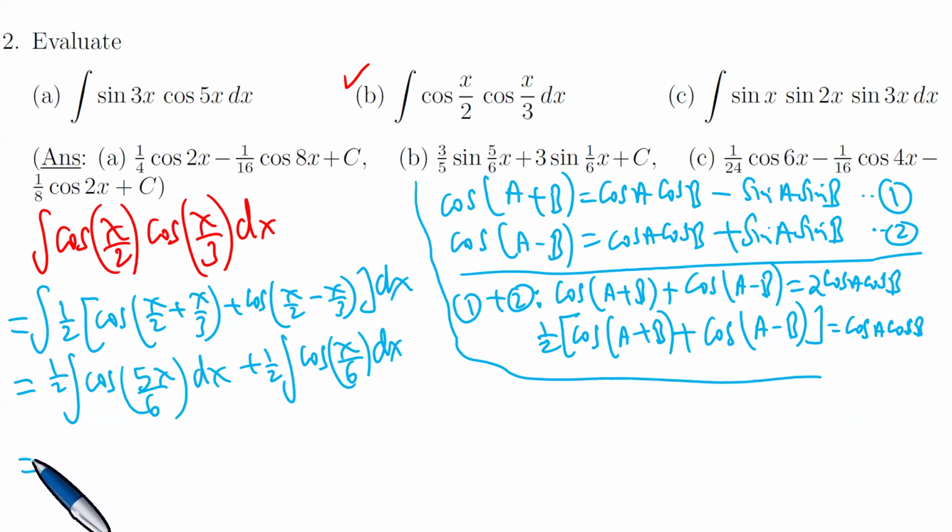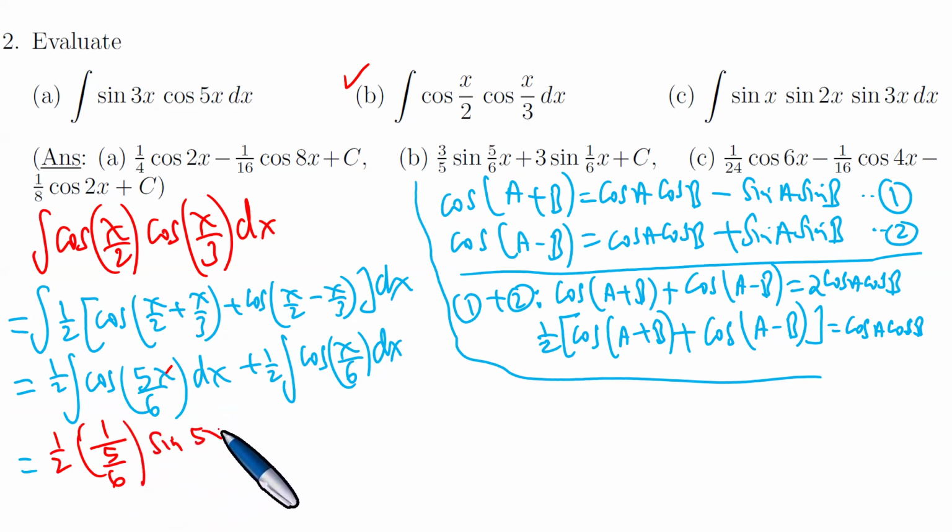All right, so now, okay, we continue. So now we would have 1/2. Okay, if you integrate this one, the integral of the cosine is sine. But now you write like this. Because of the coefficient of the x, you write 1 over 5 over 6, and then you write the sine of 5x over 6.